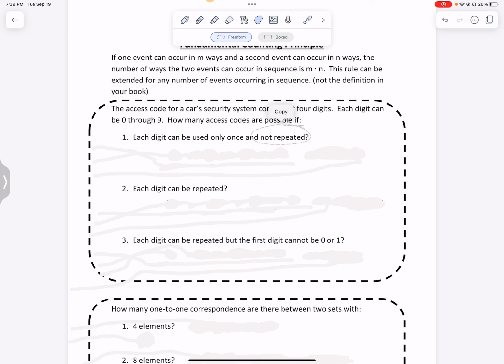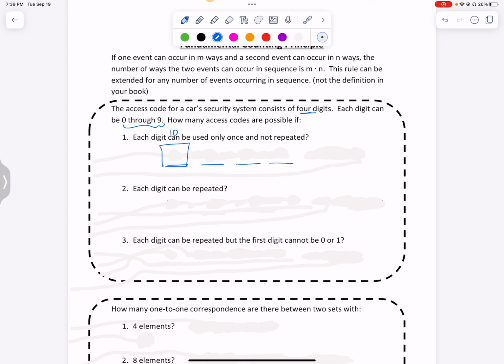So that means, let's see, we've got 4 digits. For the first one, how many digits do we have to choose from? Here's our first one, and we have 0 through 9, so that means we have 10 digits we can choose from.